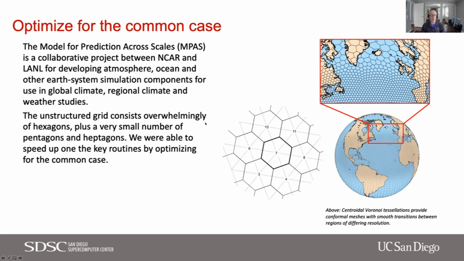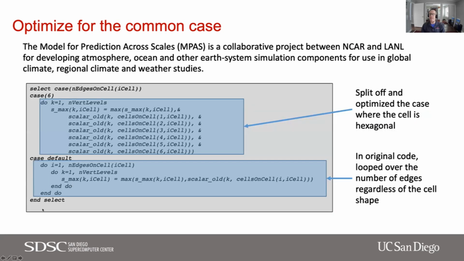And we were able to take advantage of this fact, again, us knowing the semantics of the code, whereas the compiler can only understand the structure, the syntax, where we had a loop over all of the edges for each cell, whether or not it was a pentagon or hexagon.